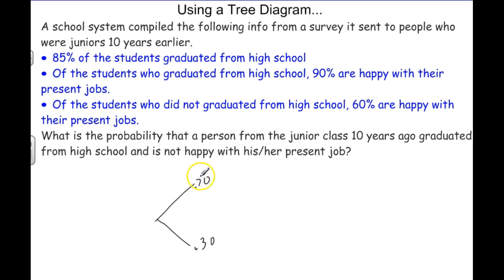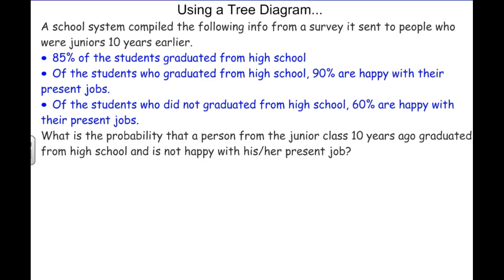If there were 3 branches, and this one was 0.2, and this one's 0.7, this one would have to be 0.1. Does it make sense? 0.7 plus 0.2 plus 0.1 is 1. So they're always going to add up to 1 each time you have a group of branches like that.